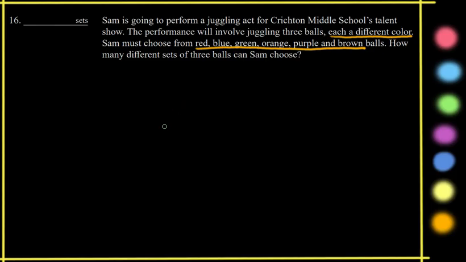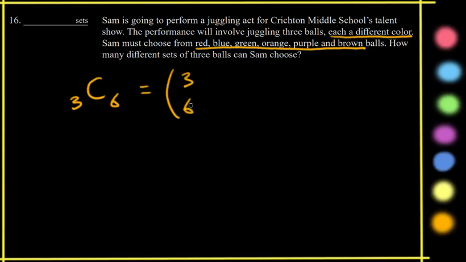So the question is really, how many different ways are there to choose 3 items from a pool of 6 items? And in combinatorics, we call that 6 choose 3. You can write it like this, or another way to write it is like this.